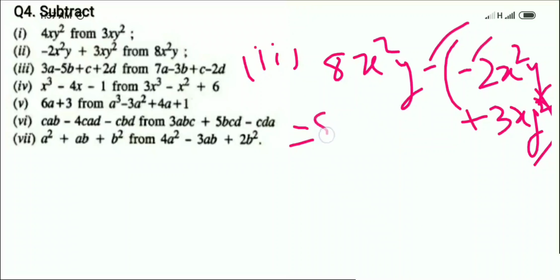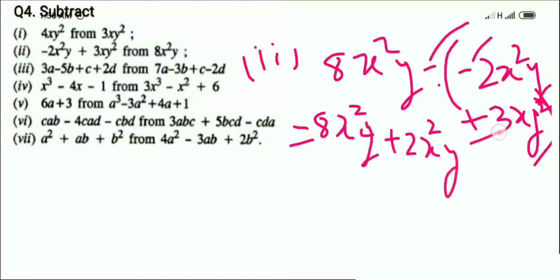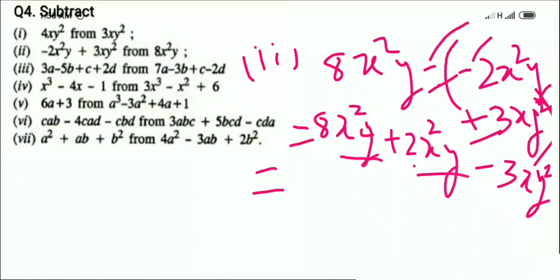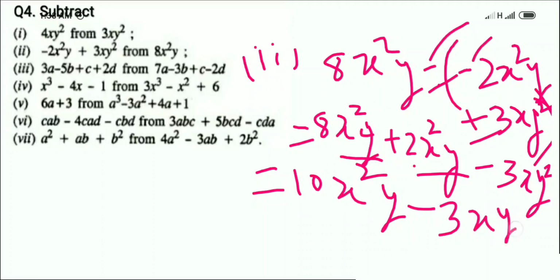Therefore, this will become 8x square y, minus minus becomes plus 2x square y, and plus minus becomes minus. Therefore, this is 3xy square, which becomes equal to 8 plus 2, because these have same variables. Therefore, 8 and 2 becomes 10x square y minus 3xy square.